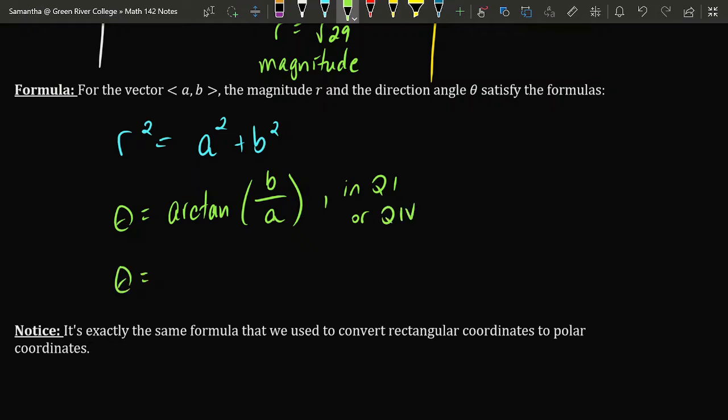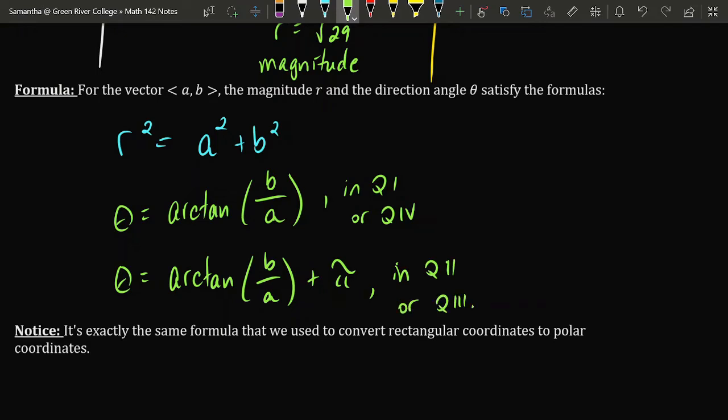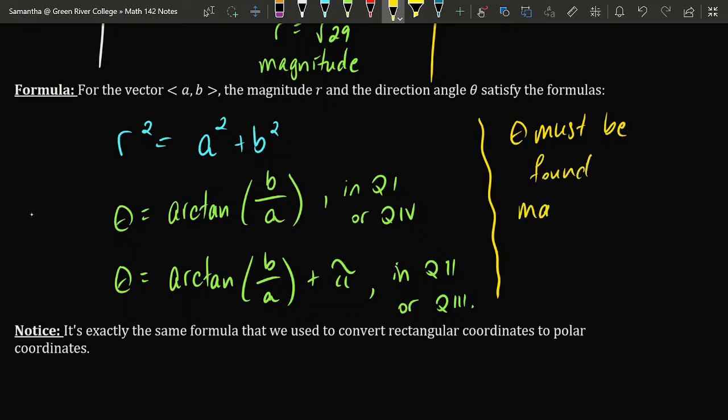If the arrowhead was located in quadrant 2 or quadrant 3, then arctan by itself would not be able to produce the correct angle, and you would need to add a half rotation. And just like we saw with polar coordinates, theta must be found manually if the x is equal to 0. The x component being called a in this particular setting.